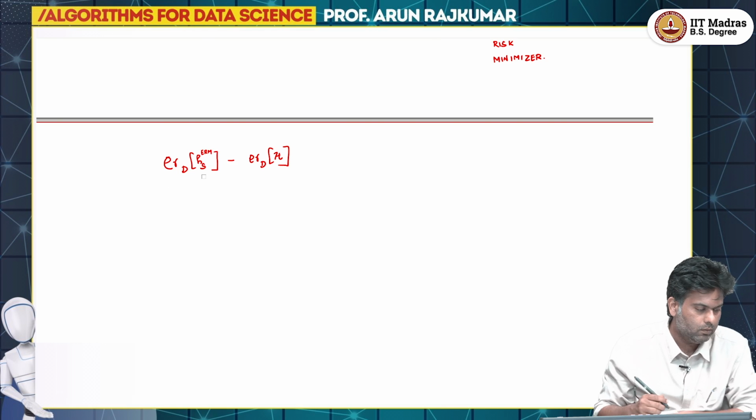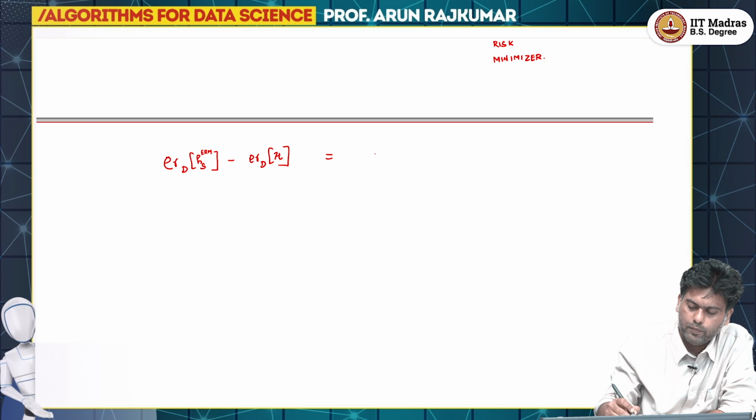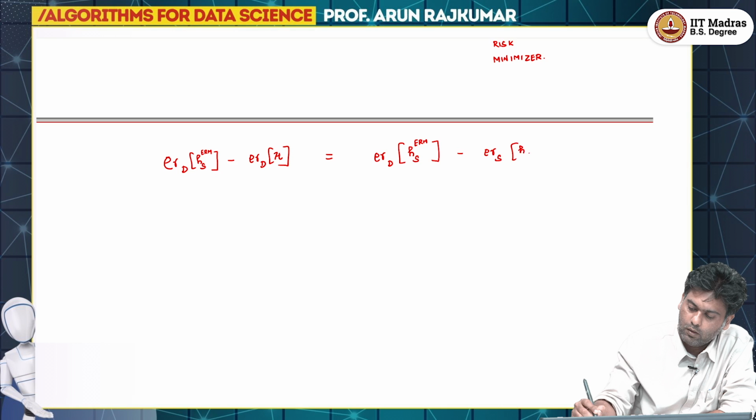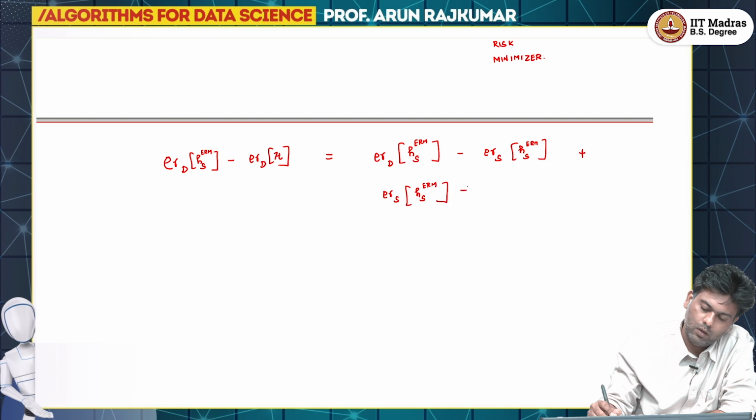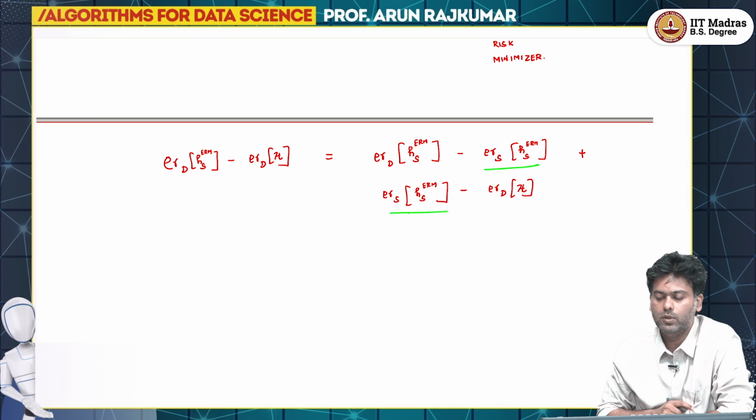So I am going to write this as follows. This can be written as RD of H, which comes from our data set by empirically minimizing the risk, minus the training error of HS ERM, plus RS of HS ERM, minus RD of H. Basically, all I have done is add and subtract this term, so this is exactly the same.